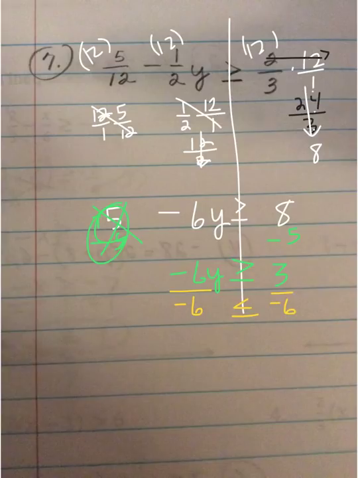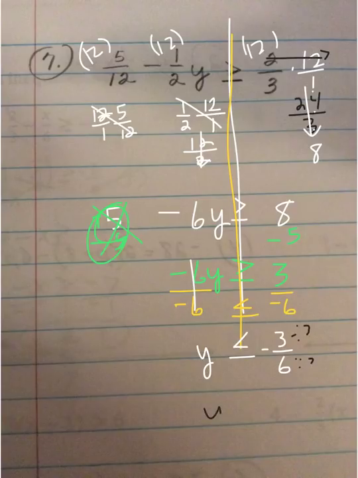So when you divide or multiply by a negative across the inequality, you have to switch the sign. So, no problem. That turns into 1y. We switch the sign, and this is negative 3 over 6, which I can reduce by dividing both by 3. So y is less than or equal to negative 1/2.